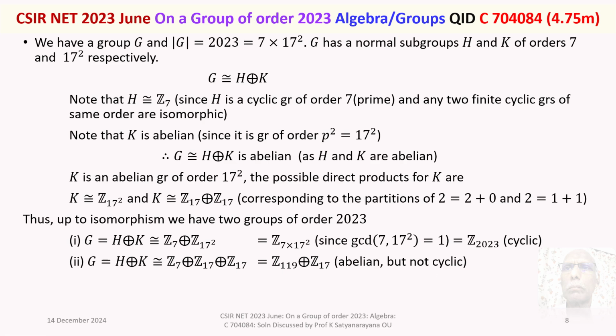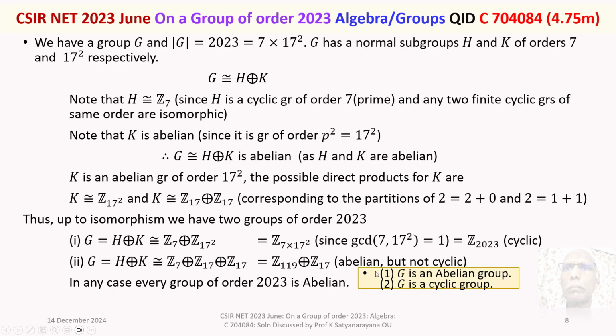Right. Now, in any case, every group of order 2023 is abelian, and one is cyclic and the other is just abelian but not cyclic. And let's look at our options. Option 1, G is an abelian group, correct. Option 2, G is a cyclic group, not true. Thus, option 1 is true, option 2 is not true.